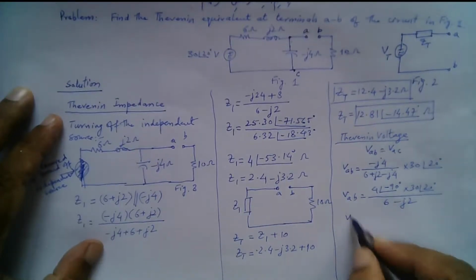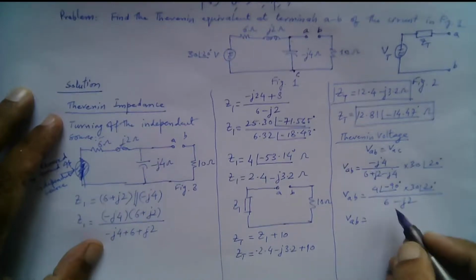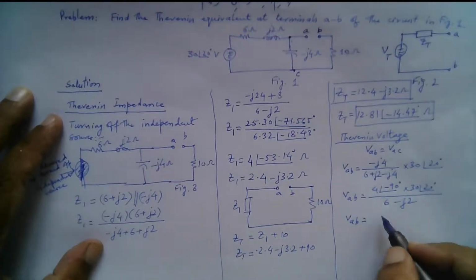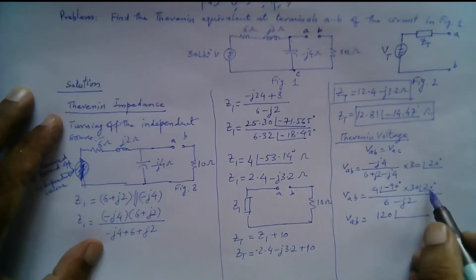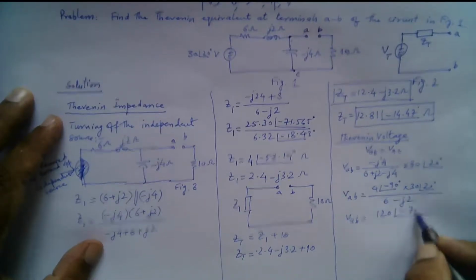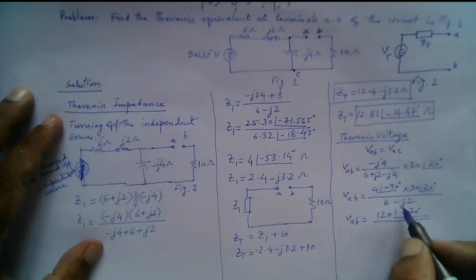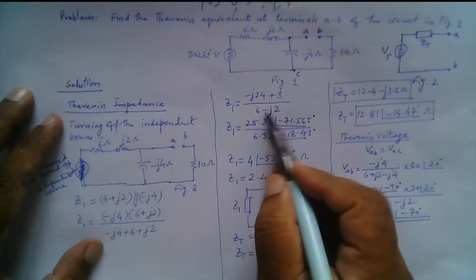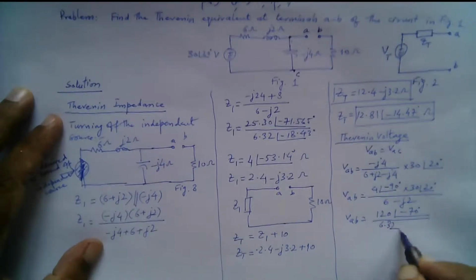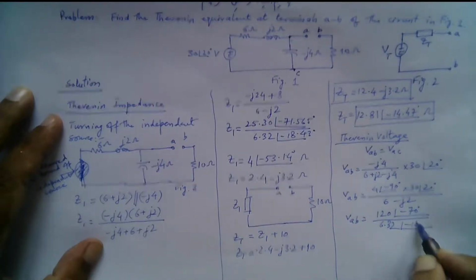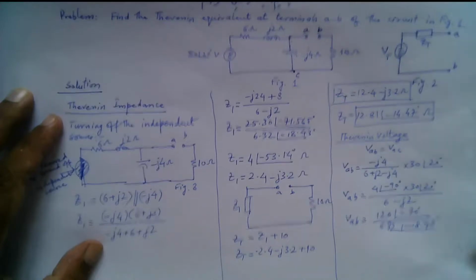So VAB is equal to, 30 multiplied by 4 is 120, and minus 90 plus 20 will be minus 70 degrees, and 6 minus J2 we found here. 6 minus J2 is equivalent to 6.32 angle minus 18.43 degrees.